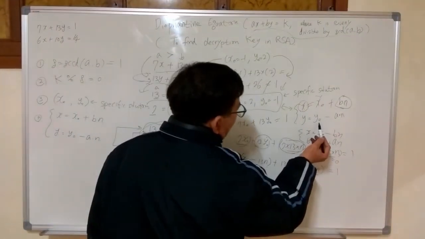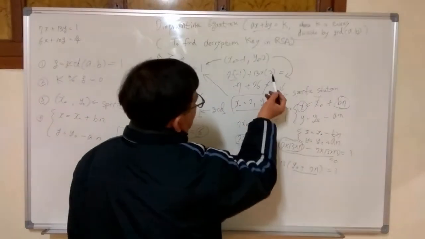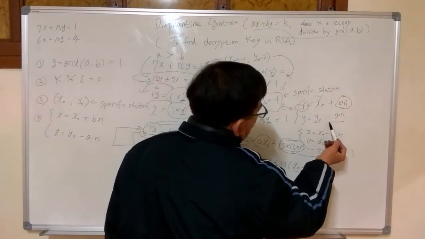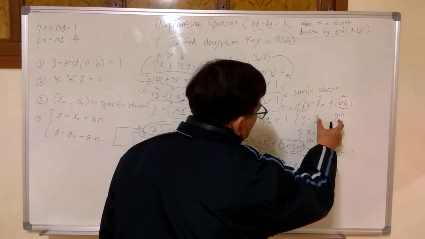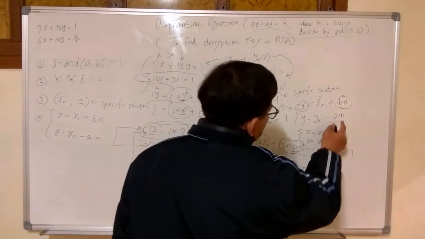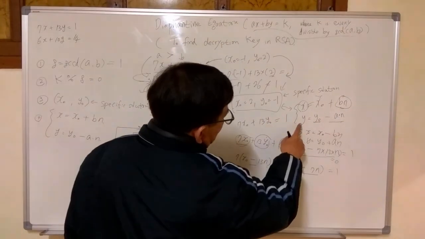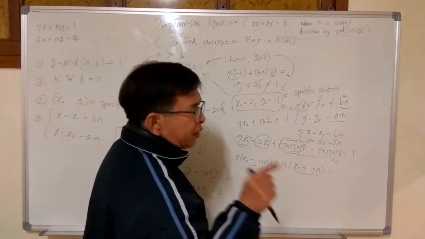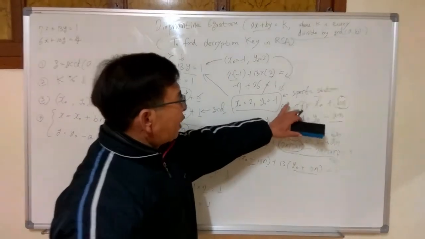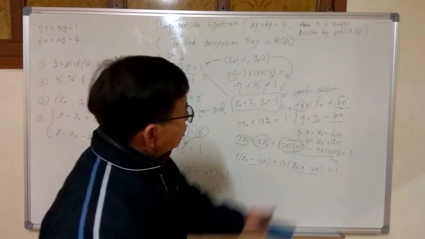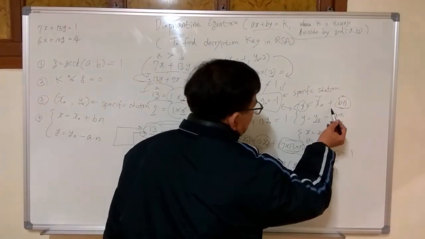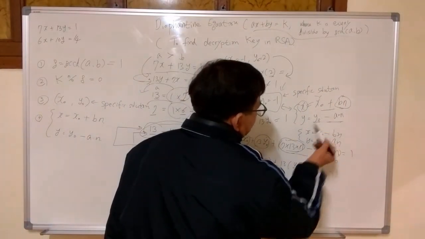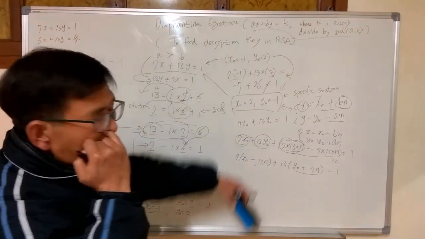In this case, y0 is positive, and this term is negative, so if we subtract, the absolute value of y becomes smaller. We want to make the x and y values smaller. So that's why we put the plus symbol here, minus symbol here. We can control it actually.